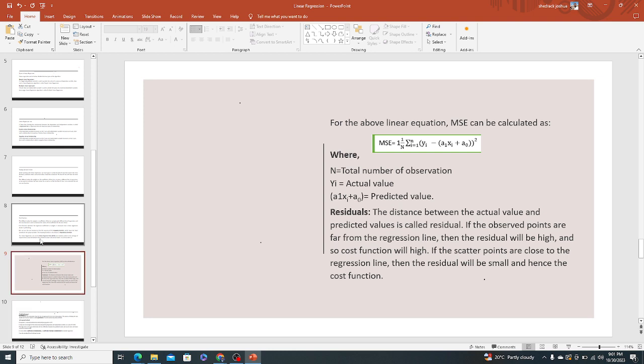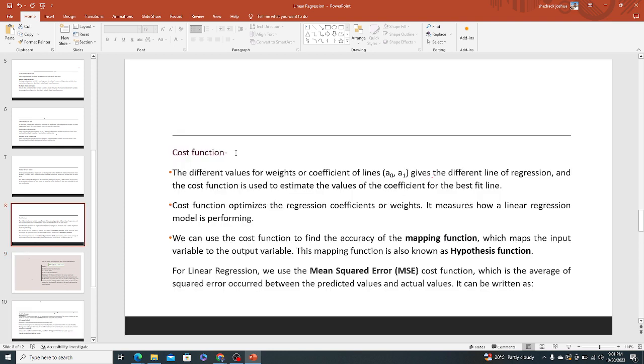Now we have the cost function. The different values of weights or coefficients of lines give different lines of regression, and the cost function is used to estimate the values of coefficients for the best fit line. The cost function tries to optimize the coefficients or the weights.